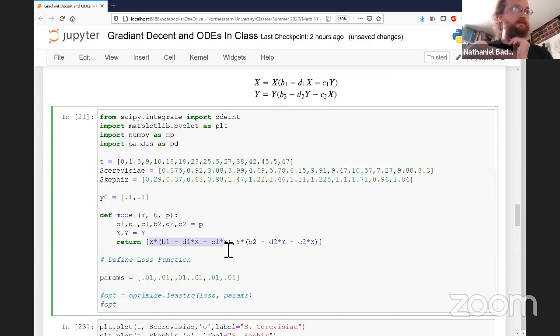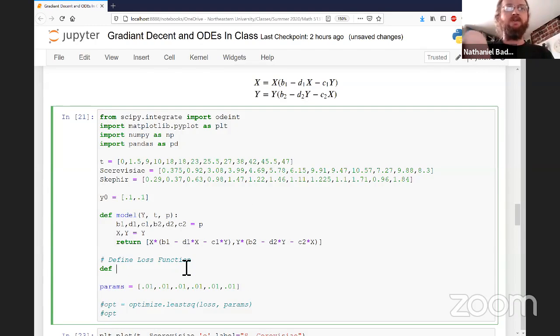We write down our model, and then we define our loss function. And again, I'm going to call this the error because we're not actually returning the loss. The loss is going to be, we take all the errors, we sum them, we square them, and so on. And so this is going to be done for us. In this case, though, I want to be just a little bit careful, right? So this is going to depend on params again.